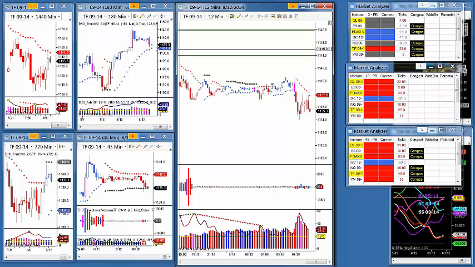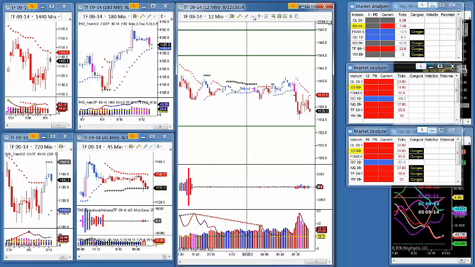Okay, we have support for price at 1133. And we have a row of congestion dots at 1135.